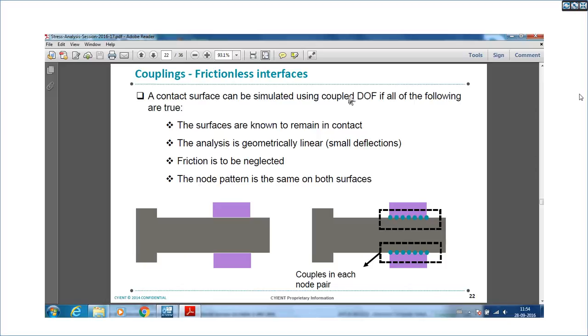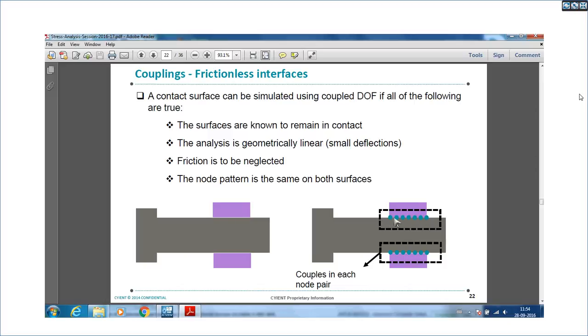Coming to couplings. A contact surface can be simulated using coupled degrees of freedom if all the following are true. Sometimes, as we mentioned earlier, instead of contacts, we also go for a coupling. Suppose you see this example, bolt and nut. We can use couplings here. The only thing is our assumption should be that the surfaces will remain in contact, whatever the condition.